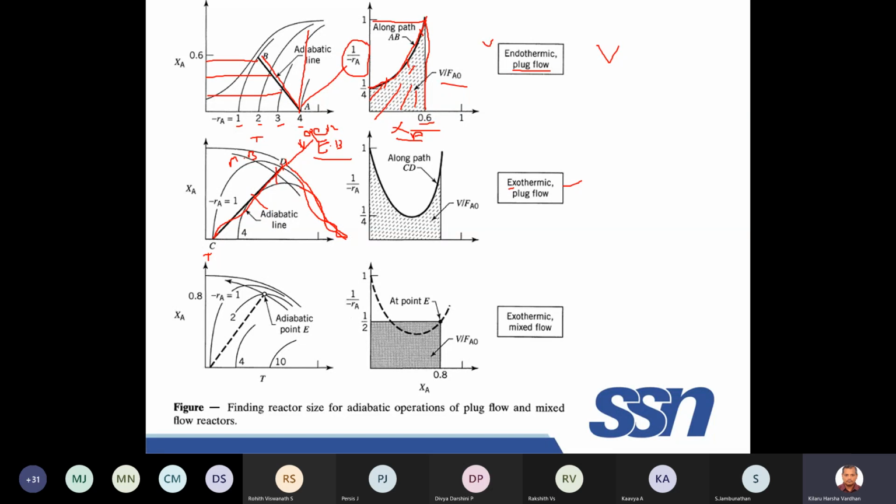Therefore, you calculate the XAs here, and based on these XAs and this rate, this is minus RA versus XA. Then you draw a line where you want the conversion. At that particular point, you put a vertical line, and the area of this particular thing will give you the plug flow reactor volume.